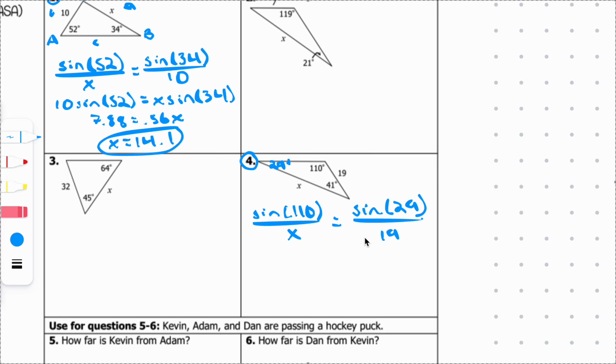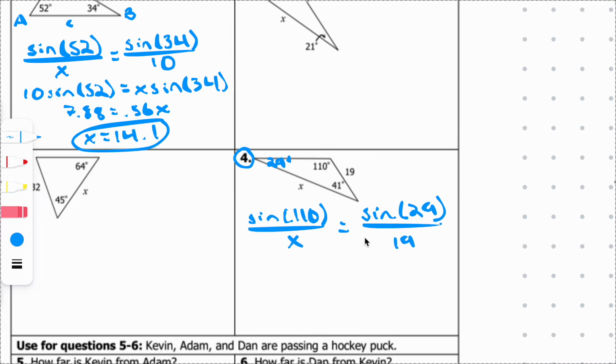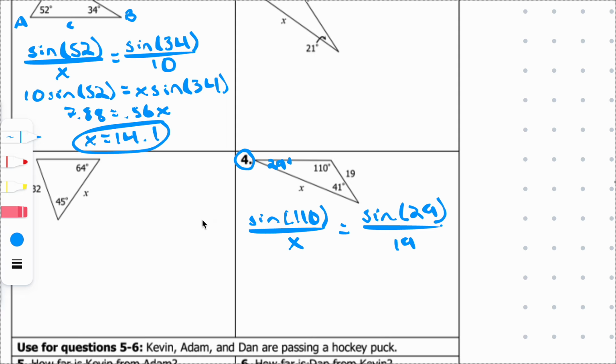Okay, so now we just solve for x like we did before, where we cross multiply and do 19 sine 110 equals x sine 29. And then I'm just going to evaluate it at this point. You can move this sine over and then evaluate it after that. I'm going to do it before. It does not really matter.